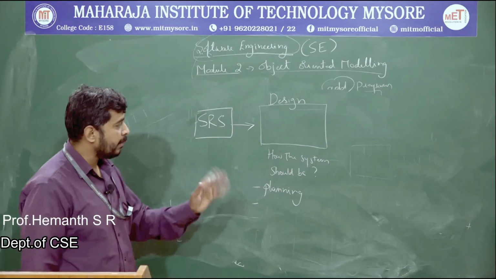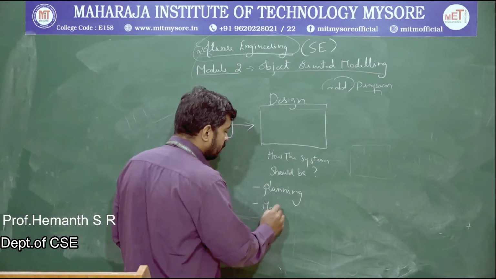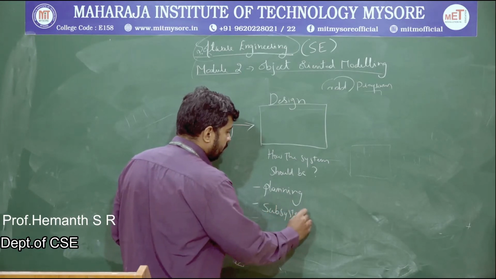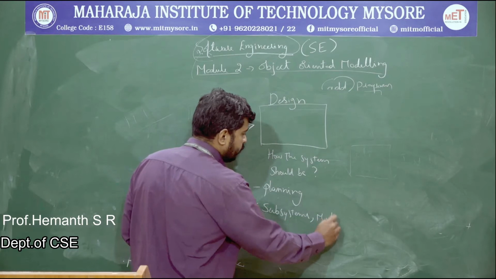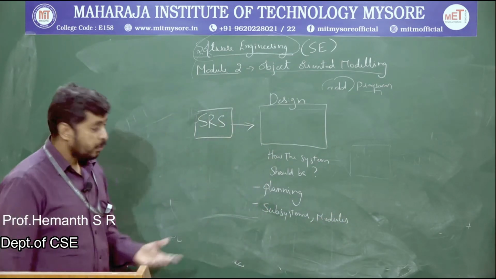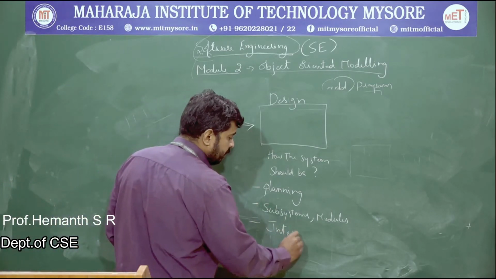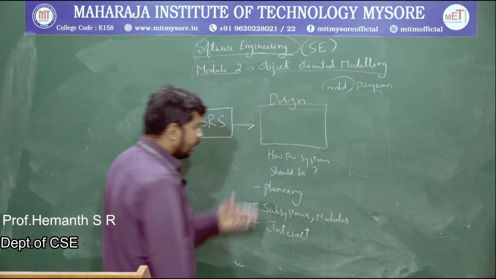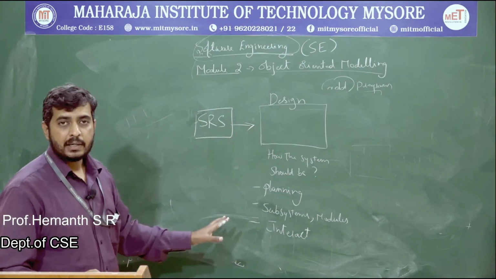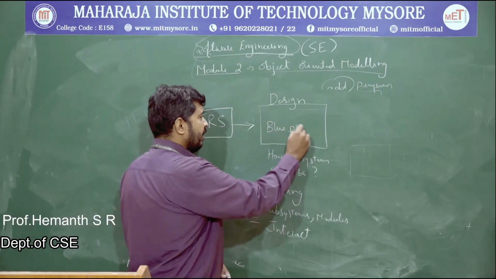Meticulous planning, detailed planning. We also plan what the different modules and subsystems are that need to be present. We also plan how these subsystems and modules should interact with one another. All these things are meticulously planned, and a blueprint is created.